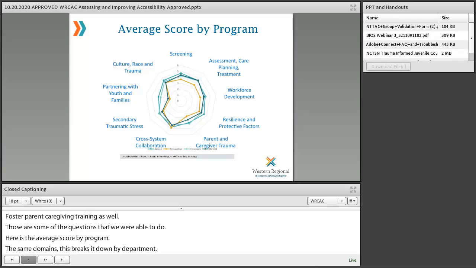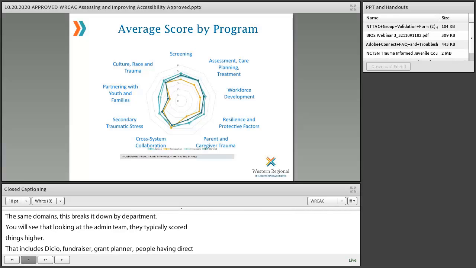So that includes our CEO, our fundraiser, our grants writer. So folks that aren't providing direct care to our families rated these domains as occurring more frequently than folks who are actually providing the direct service, like clinical and forensics.